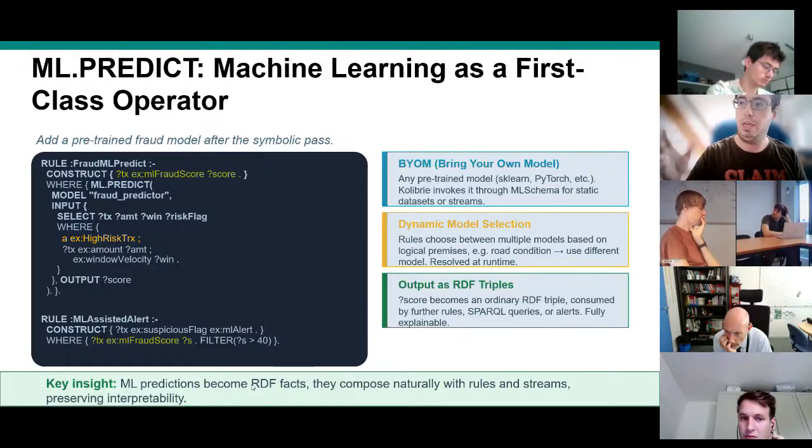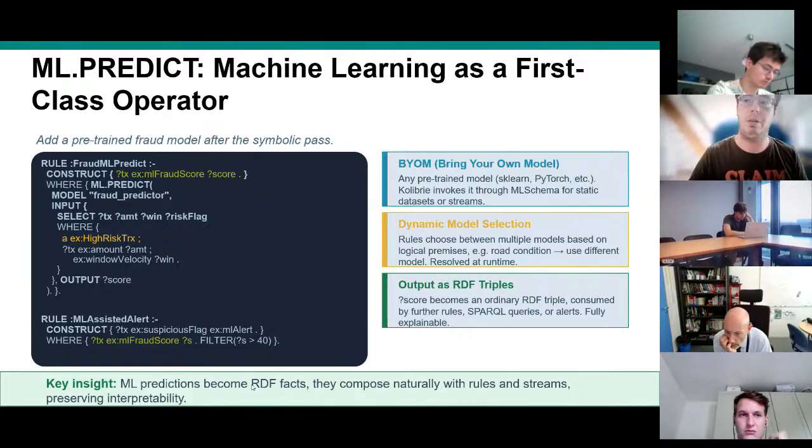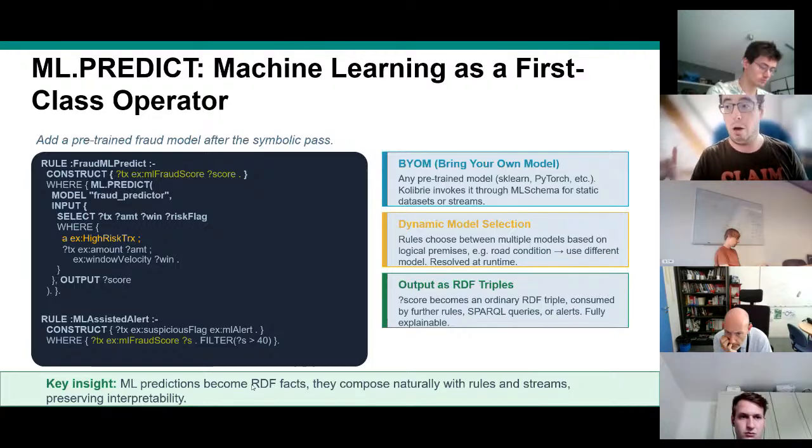Here, what we are doing is using this fraud predictor model, and we are extracting the features from the RDF and feeding our model. The most important is the output.